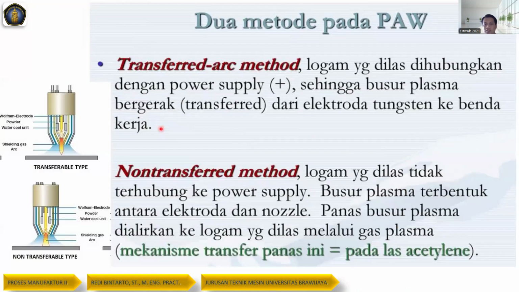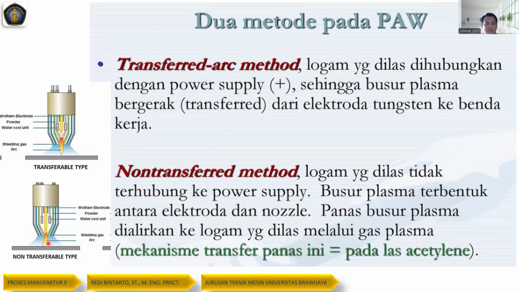So there are two kinds of methods for PAW: the transferred arc method and the non-transferred. In this one the power supply is positive, and this is non-transfer. The power supply is negative here.